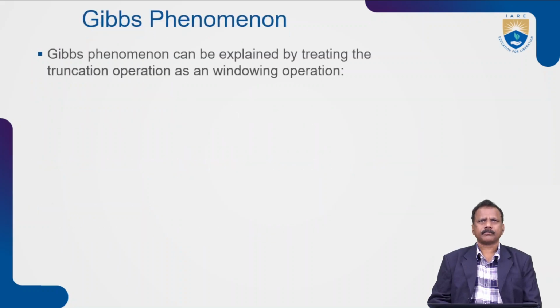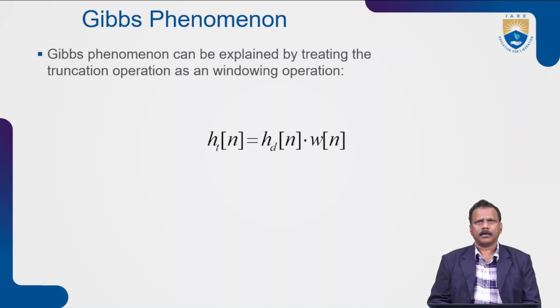The Gibbs phenomenon can be explained by treating this truncation operation as a windowing operation, because we are designing a digital filter like the FIR filter using windowing techniques. It is represented by the mathematical expression h_t[n] equal to h_d[n] times w[n].